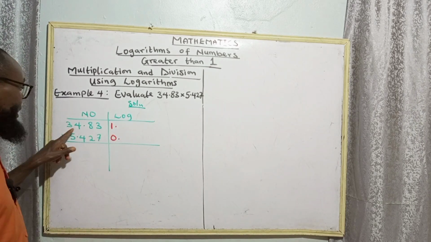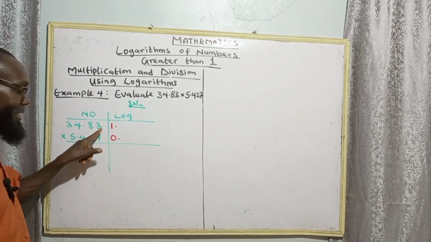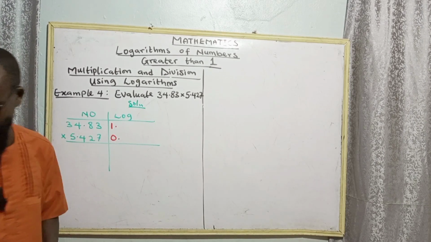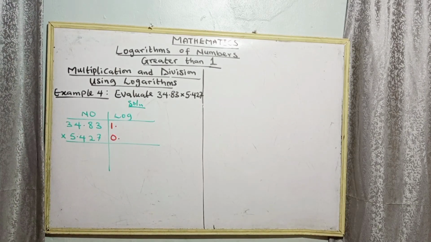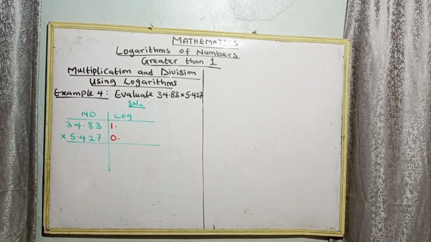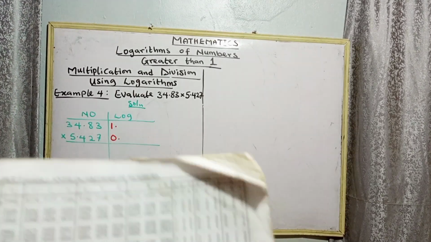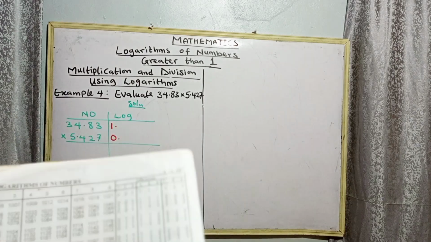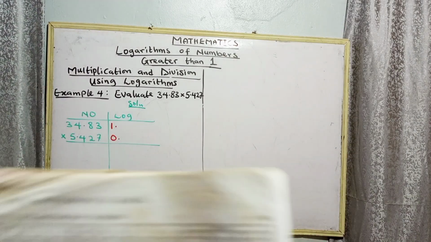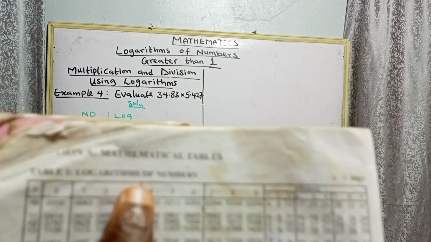Logarithm table, 34 under 8 difference 3. Don't forget, you have to take it to logarithm. You make sure you are at logarithm.